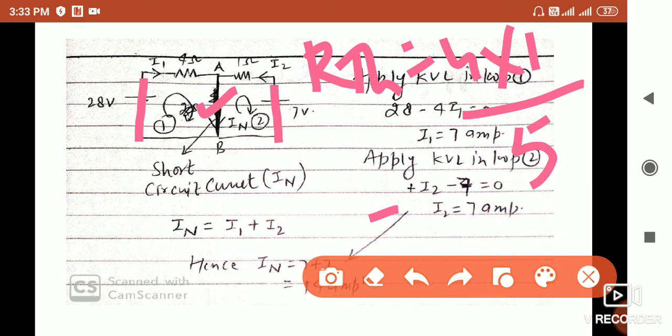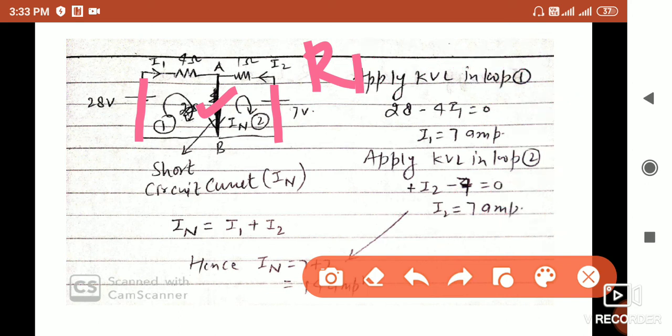The second point is how to find IN, the Norton equivalent current. Notice one thing: when we find the Thevenin voltage VTH, we do open, but when we find the Norton current, we do short.